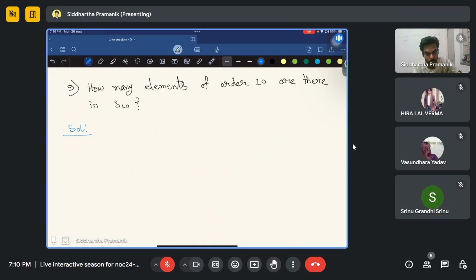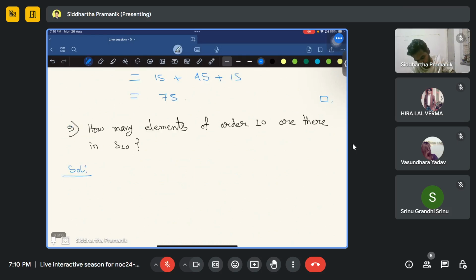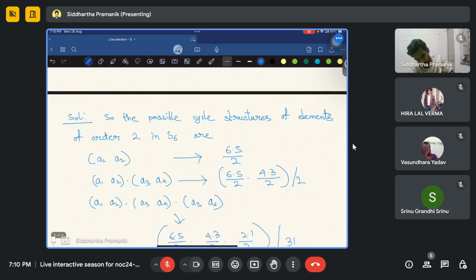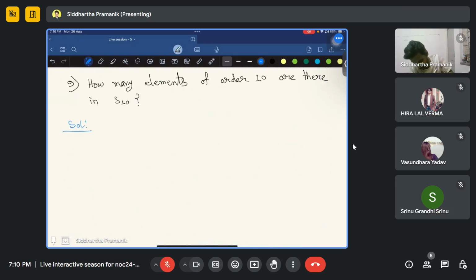So what are the possible cycle structures here?